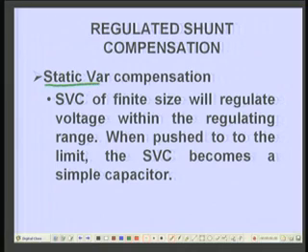The difference between these devices is that within a certain voltage range, suppose we talk about the SVC, I hope everybody knows about the characteristic of the SVC, in the normal voltage regulating range, the SVC will be in a position to maintain the voltage constant. But the moment you go outside this voltage regulating range, the SVC will become a constant capacitor. It will behave like a capacitor only, just like a shunt capacitor, because it is now no more in a position to regulate the reactive power, right.